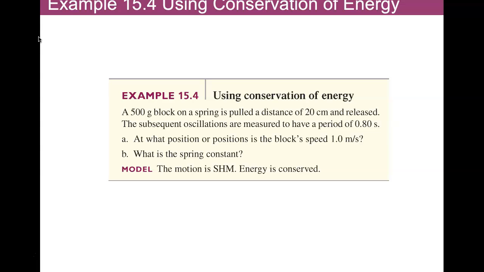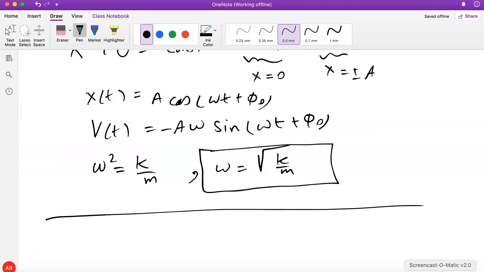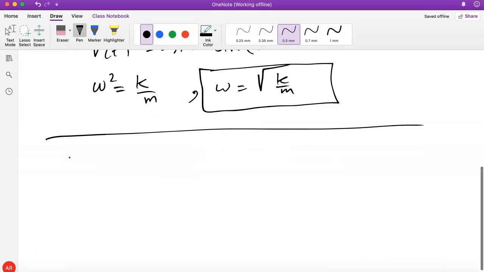If we apply energy conservation, let's collect what's known here. So we're doing example 15.4.